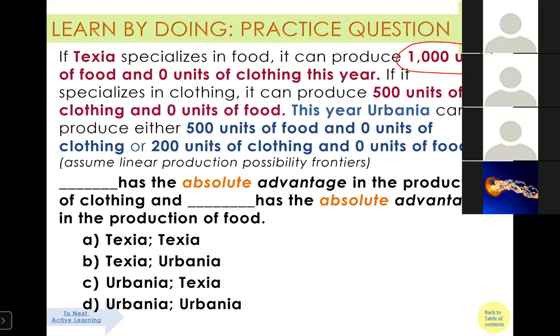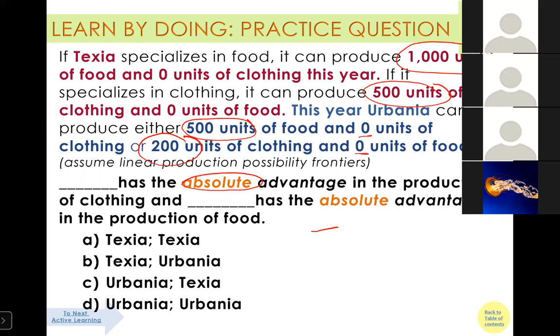If it specializes in clothing, it produces 500 versus 0. The other economy, Urbania, produces either 500 units of food and 0 units of clothing, or 200 units of clothing and 0 units of food. Now question part 1, who has absolute advantage?